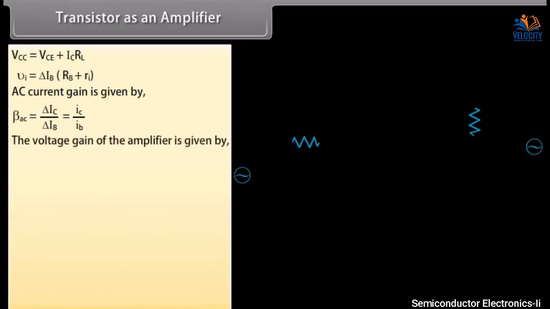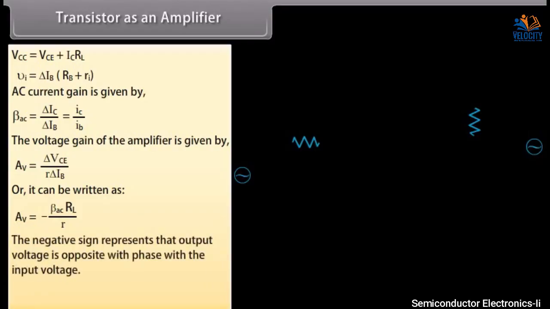The voltage gain of the amplifier is given by AV equal to delta VCE upon R delta IB, or it can be written as AV equal to minus beta AC RL upon R. The negative sign represents that the output voltage is opposite in phase with the input voltage. The power gain of the amplifier is given by AP equal to the product of beta AC and AV.